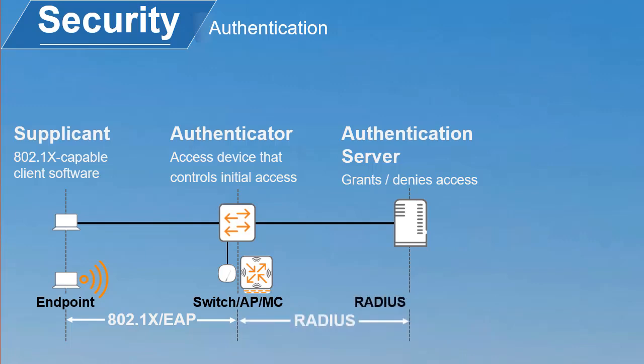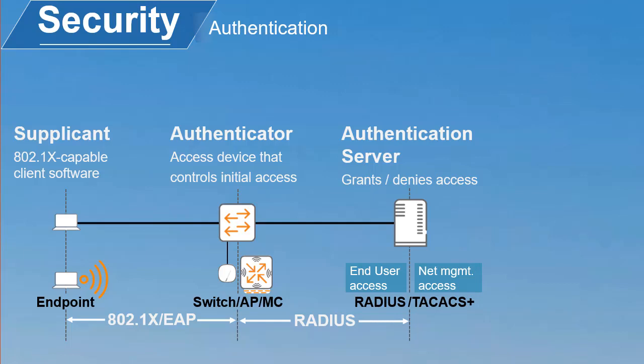Now, RADIUS is both an authentication service running on some server, and it is a protocol used to communicate between authenticator and authentication server, used specifically for end-user access to network services and applications. To control administrative access to the network components themselves, switches, routers, controllers, a TACACS+ service is often used.